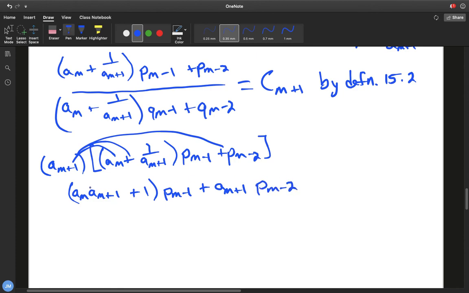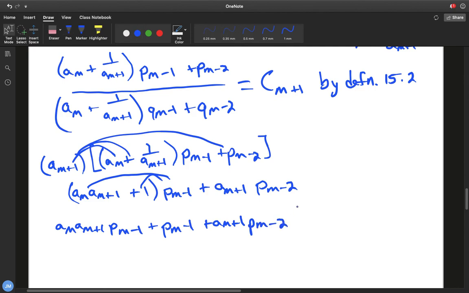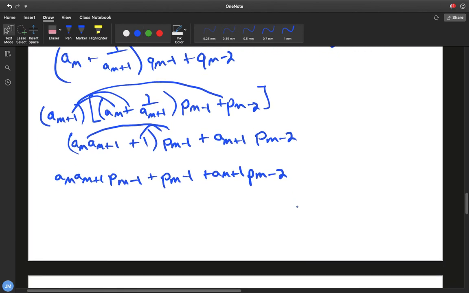Okay, I'm going to continue to distribute this out. I'm going to take a sub m plus 1 and distribute that to p sub m minus 1, and then we'll distribute the 1, so that's just plus p sub m minus 1, plus a sub m plus 1, p sub m minus 2. At which point we're looking for some different things that we can do.